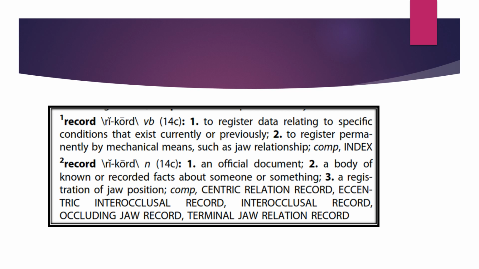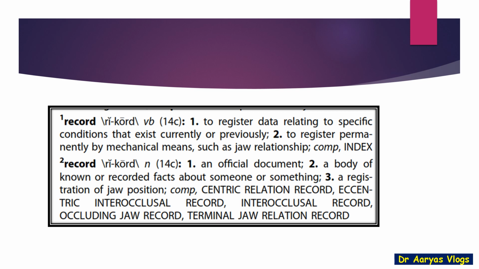First definition is to register data relating to specific conditions that exist currently or previously, to register permanently by mechanical means such as jaw relationship. Second definition is that it is an official document or a body of known or recorded facts about someone or something, or otherwise a registration of jaw position.